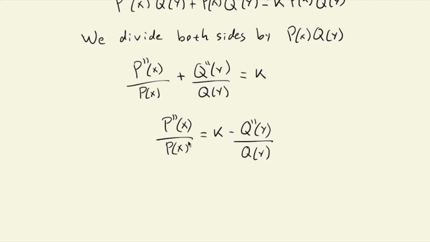And now you see on the left we have a function of x. On the right we have a function of y. So this function of x cannot depend on x, right? Because it's equal to this function that depends on y. And so this function must be constant. So this is equal to a constant again, and I need to give it a different name. It's a different constant. I'll call it L, a constant.